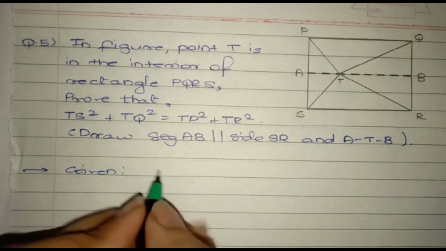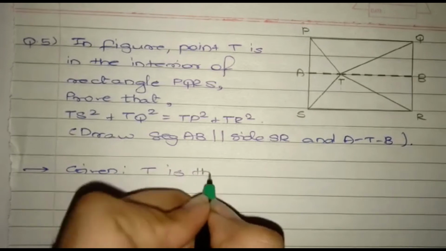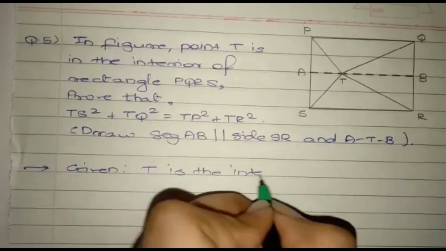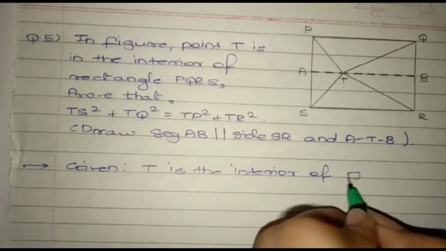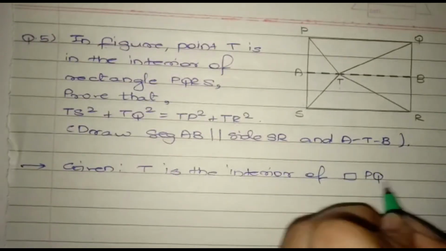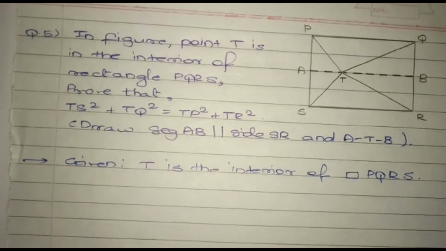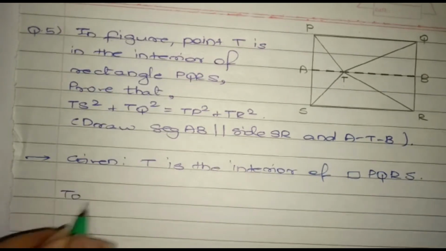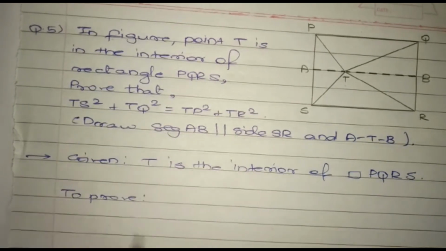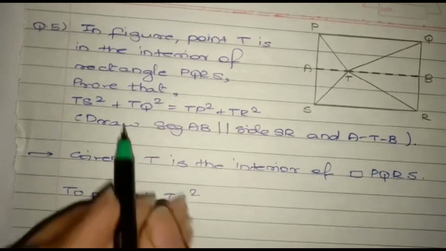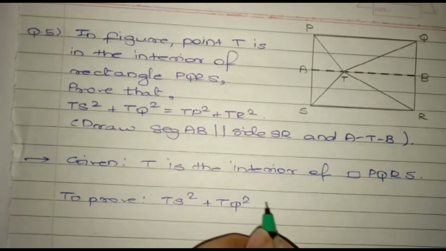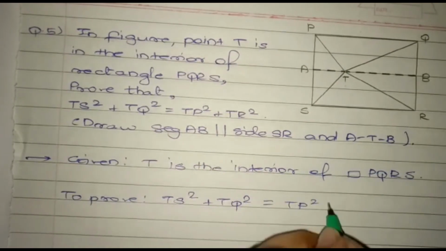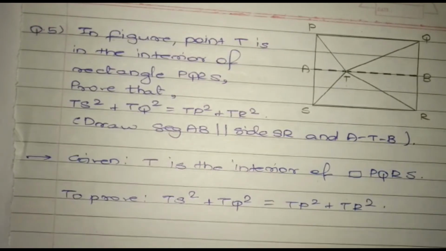So given is T is the interior of rectangle PQRS, and to prove is TS square plus TQ square is equal to TP square plus TR square.